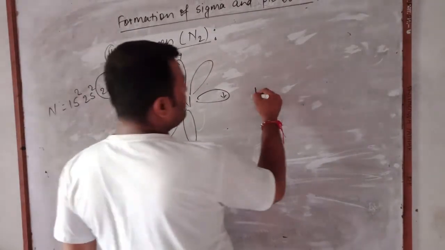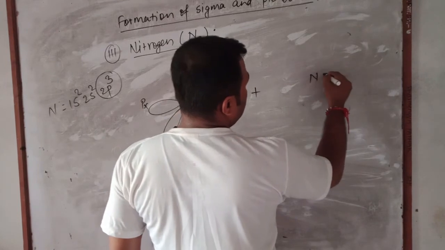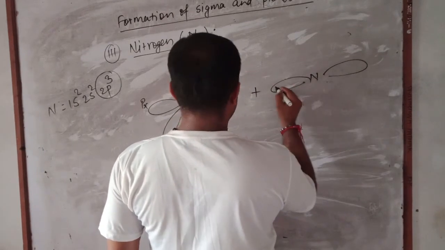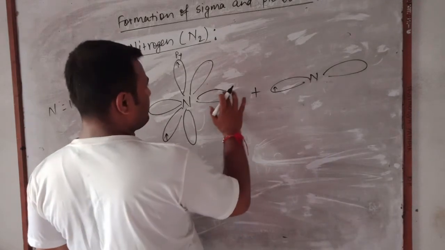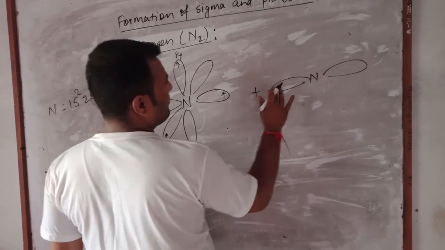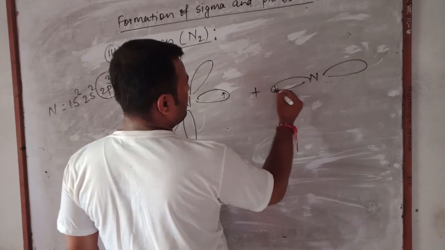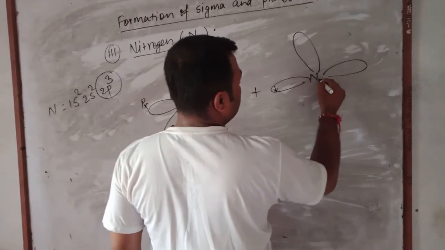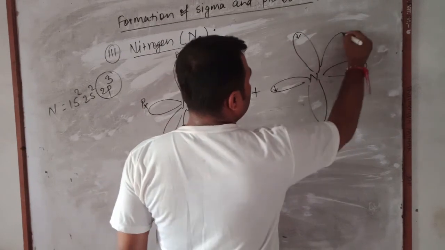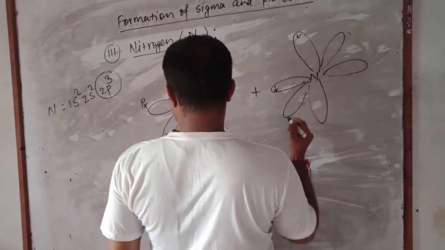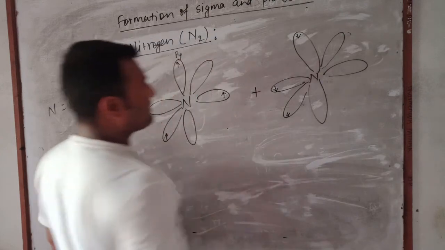And another nitrogen having the same structure, px having an opposite electron, py in the same way an opposite spin of electron, pz having an opposite spin of electron.